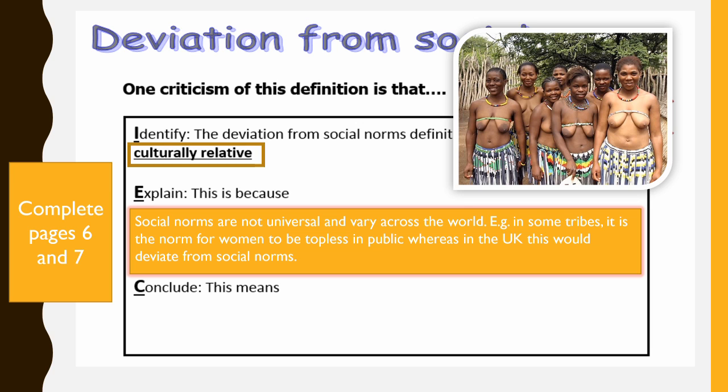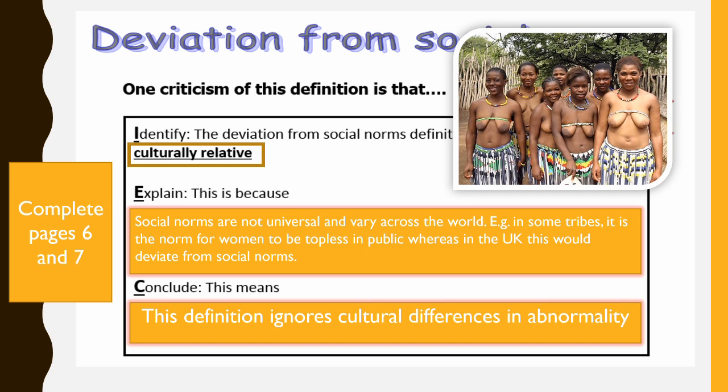So for example, if we as females in our society decided to walk around topless, that is breaking social norms. In their culture, it's entirely normal. So this definition does not explain abnormality around the world. It is culturally relative.